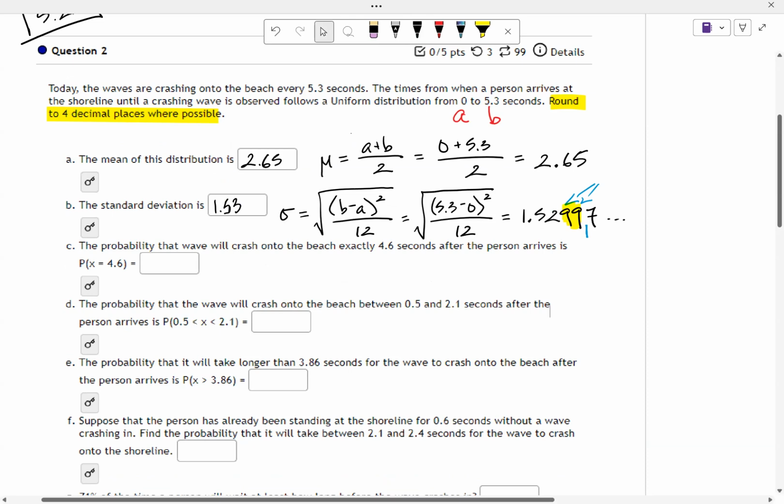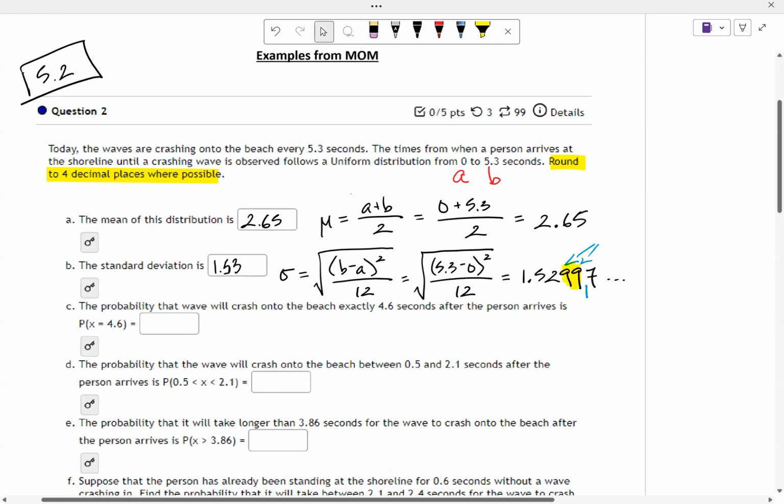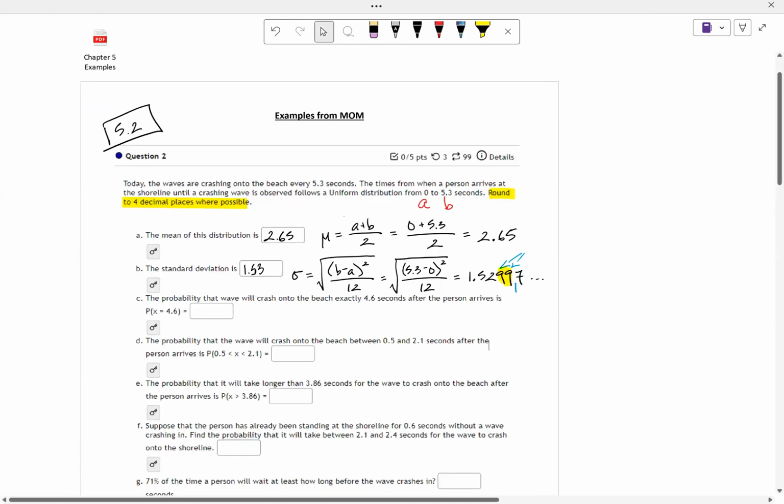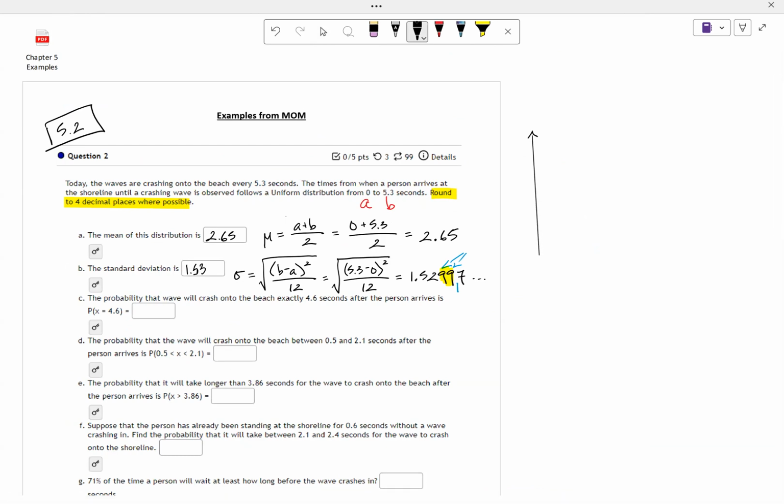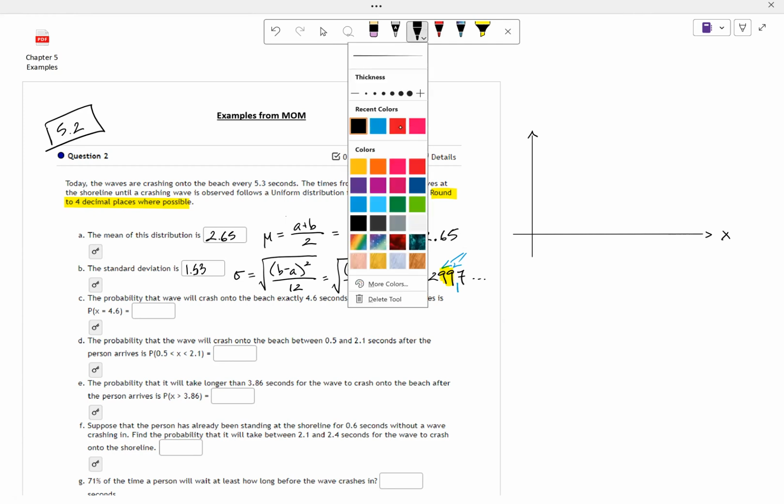So in part C, it says the probability that the wave will crash onto the beach exactly 4 seconds after the person arrives is, okay? I want to remind us what a uniform distribution is. If we think about a picture, a uniform distribution is always going to be some sort of rectangle, and we always put our A and our B on the x-axis.